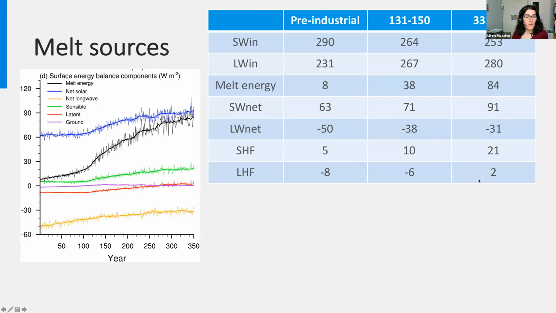And if we look at the contributors to this melt energy, what we see is that before this threshold, or breakpoint, at year 120, most of the energy for the melt is provided by increases in the incoming longwave radiation.